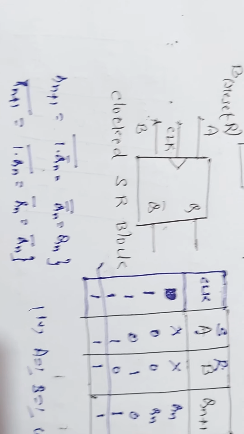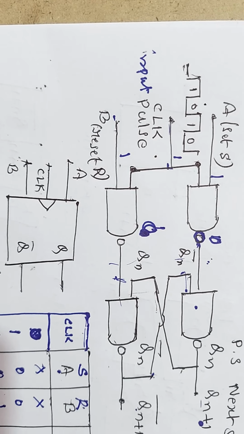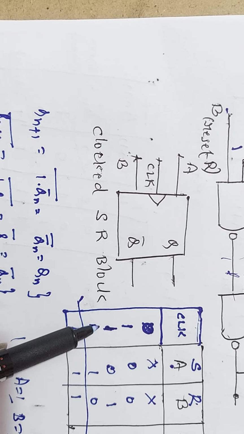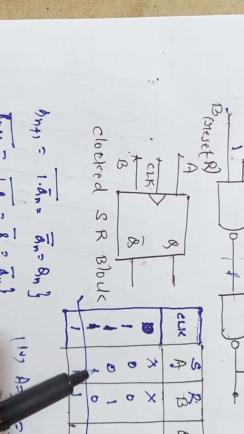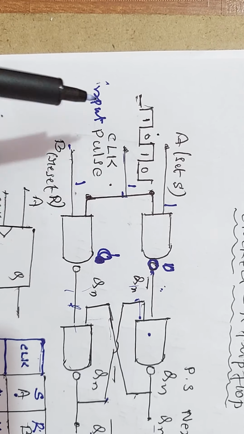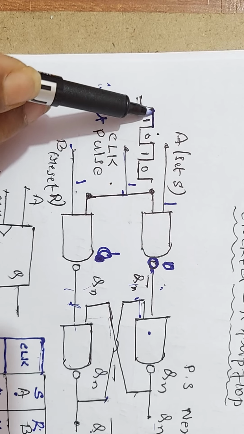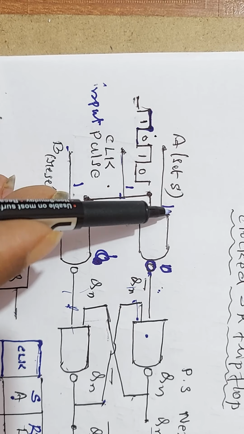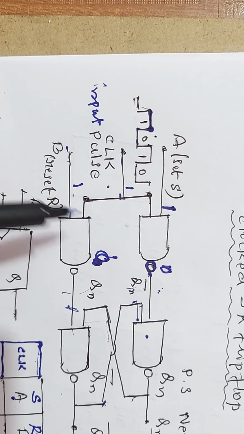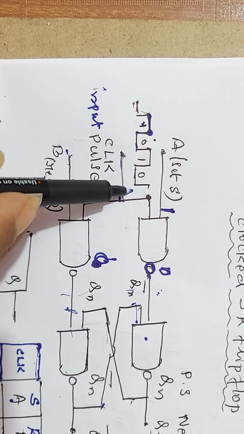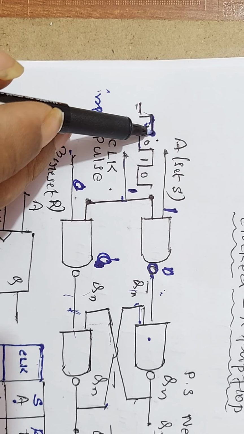Why is this very important? You see, when clock pulse is present, when set input is 1, reset input is 0, output is 1, that is output is set. So, here see this, clock pulse remains constant up to this duration. After that it becomes 0. So, when the set input is 1, when the reset input is 0, and when the clock pulse is 1, this clock pulse remains 1 for this time duration.